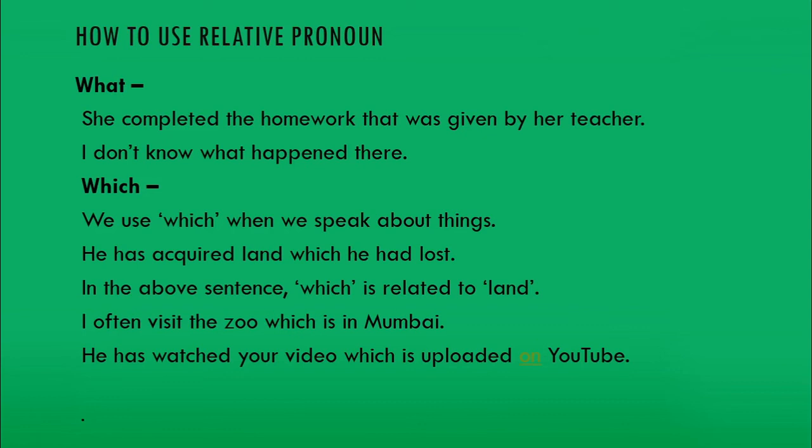So here, which is also used to mean the zoo, that means the noun phrase. He has watched your video, which is uploaded on YouTube. So which is used here to mention your video. That means noun phrase. So this is also a relative pronoun.